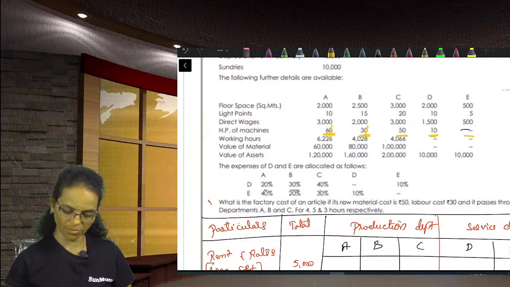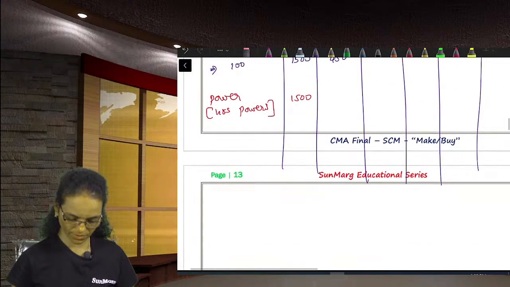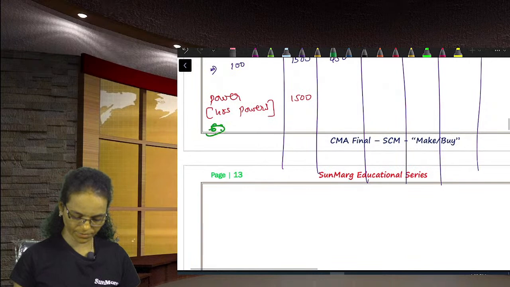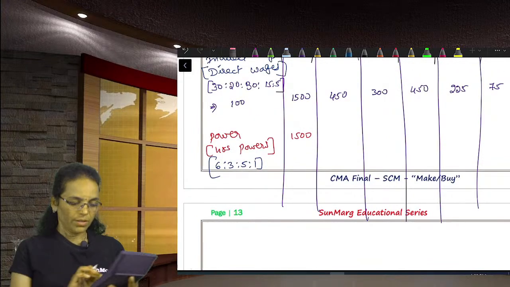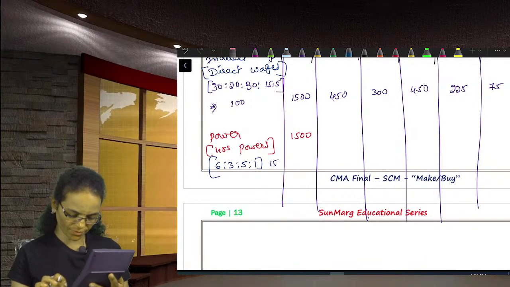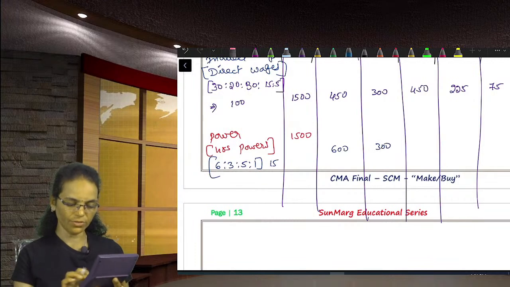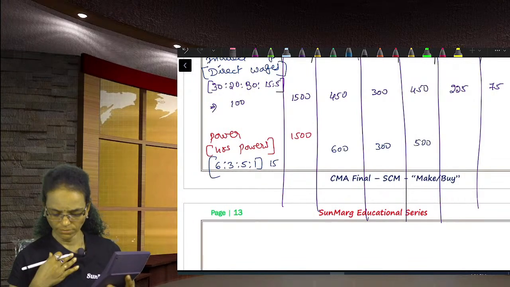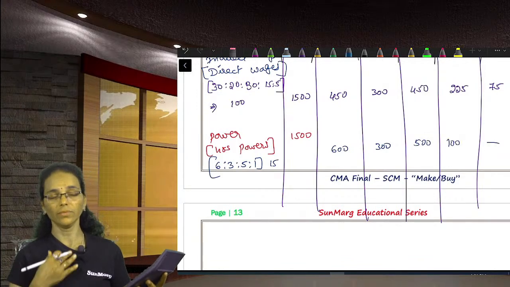Everywhere 0 is common, so 6, 3, 5, 1. The total is 6 plus 3 plus 5 plus 1, that is 15. 6 divided by 15 into 1,500 is 600, then 300, 500, and 100. For the last one, sorry, it is not given.